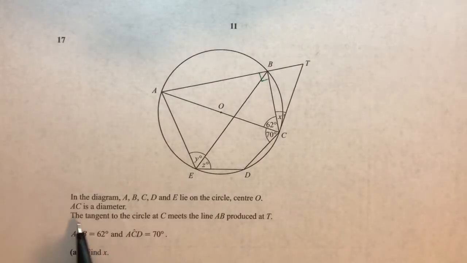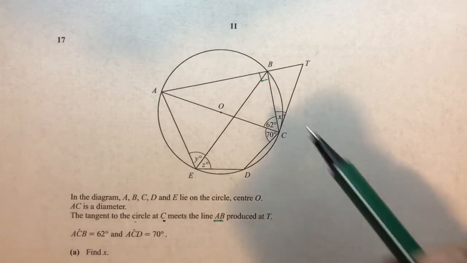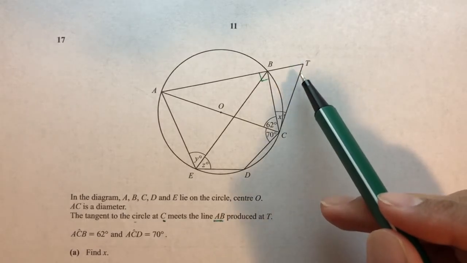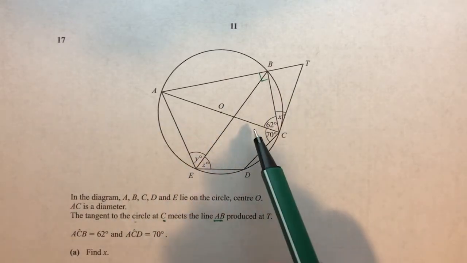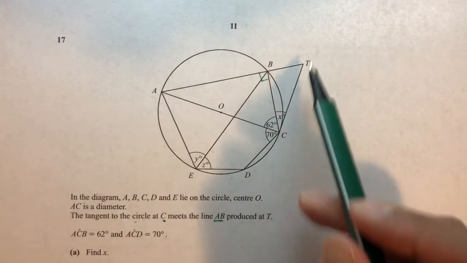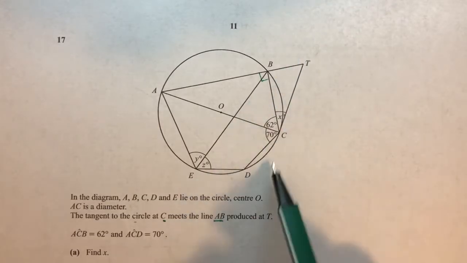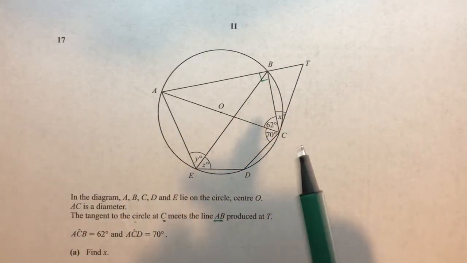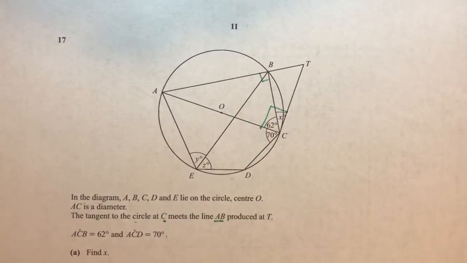The tangent to the circle at C meets the line AB produced at T. So if this is the tangent and this is the diameter, this angle here will be 90 degrees.